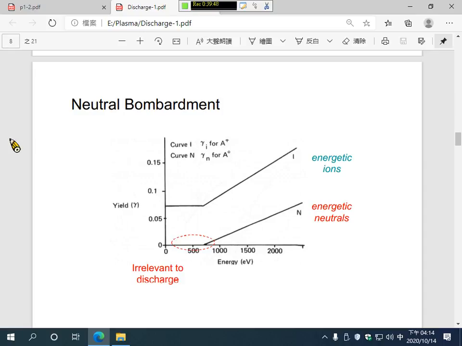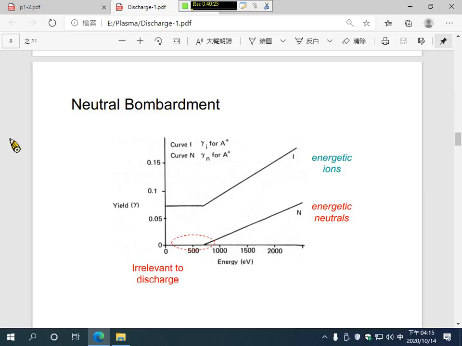Compared to the secondary electron emission by ion bombardment, the secondary electron yield by neutral bombardment is much less. For example, if you have neutral particles with energy of 1,500 volts, the secondary electron emission yield is only about 0.03.